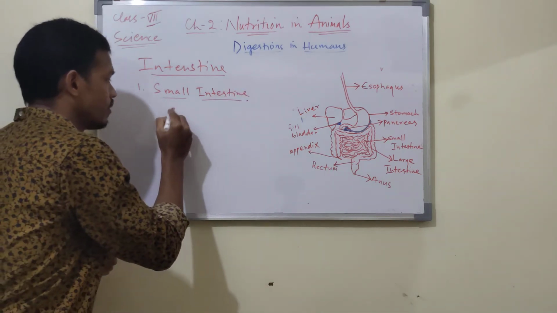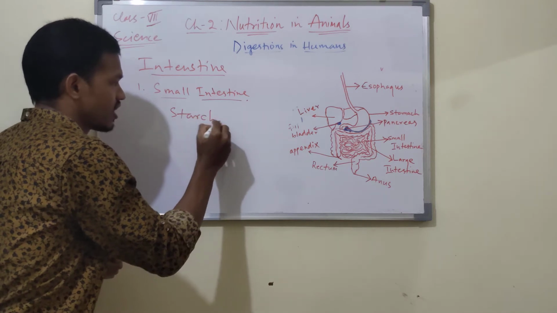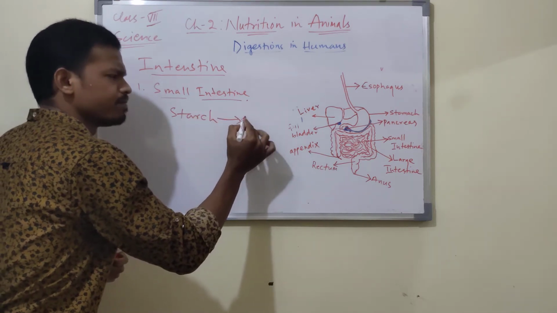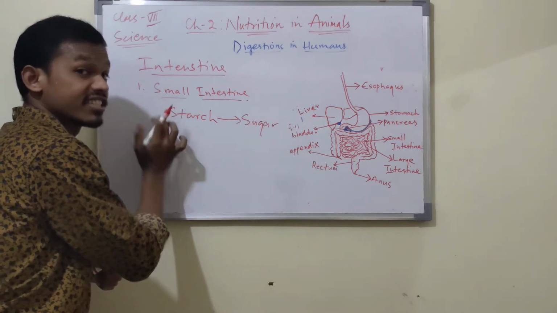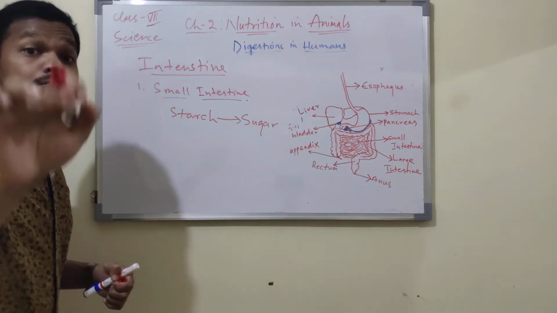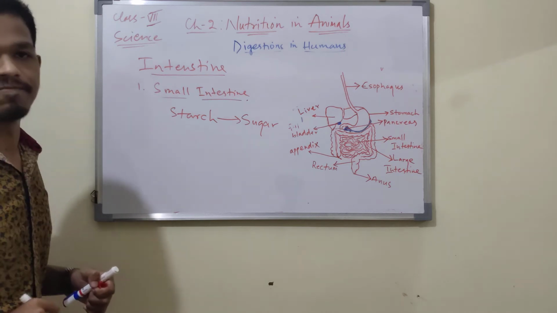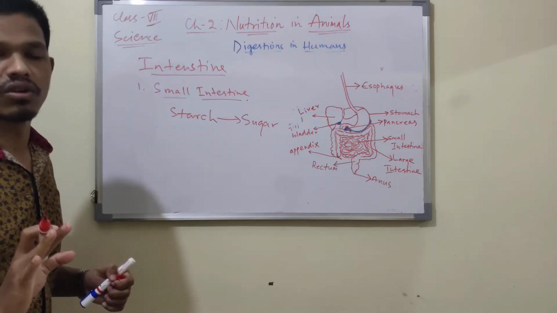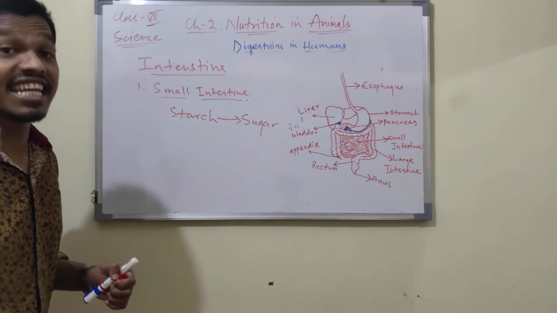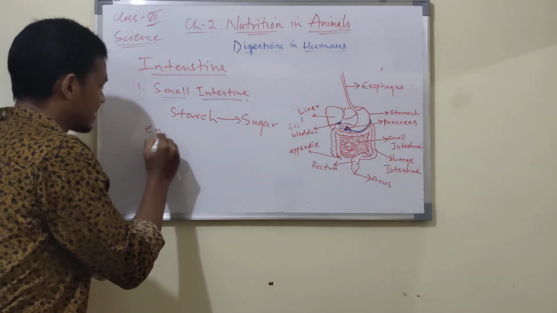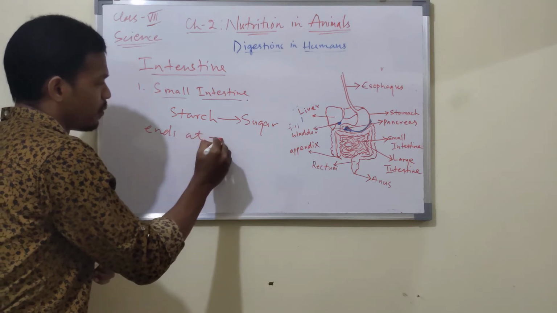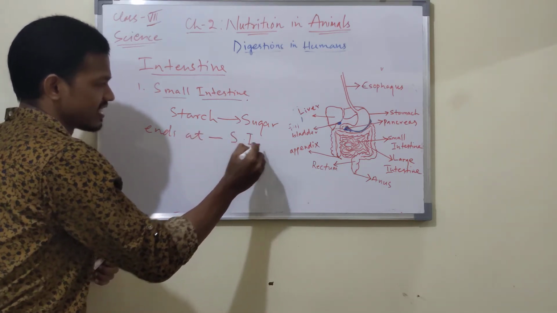Starch is converted into what? Sugar. So this is the first. Digestion begins at the mouth and ends at the small intestine, not the large intestine, not the stomach. Digestion ends in the small intestine.